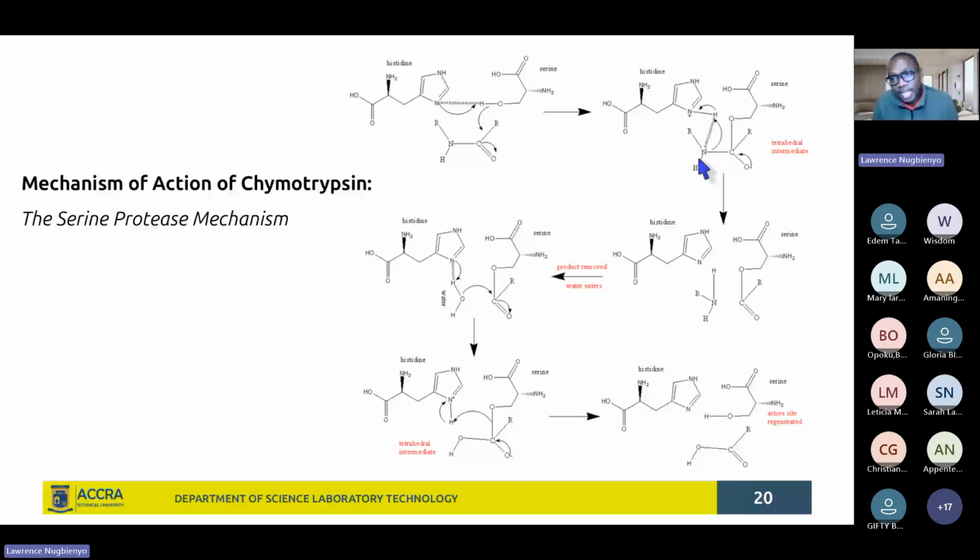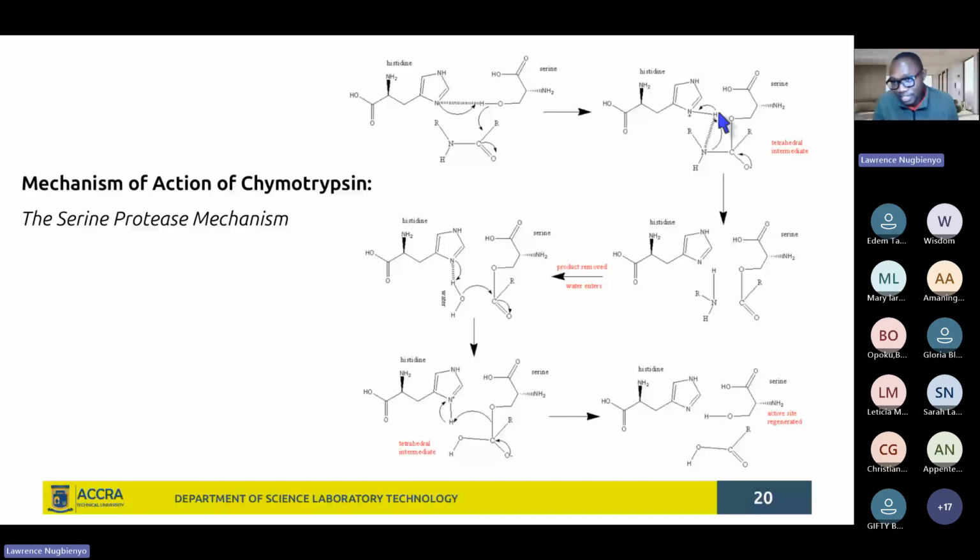The next thing you see is that part of the protein, the N-terminus, where the nitrogen is in the peptide bond, is now broken off. It's released because the hydrogen is donated.